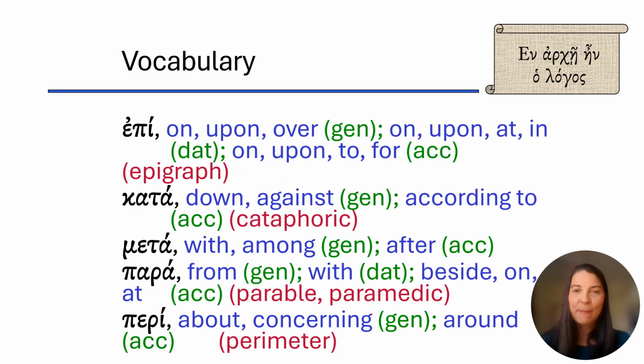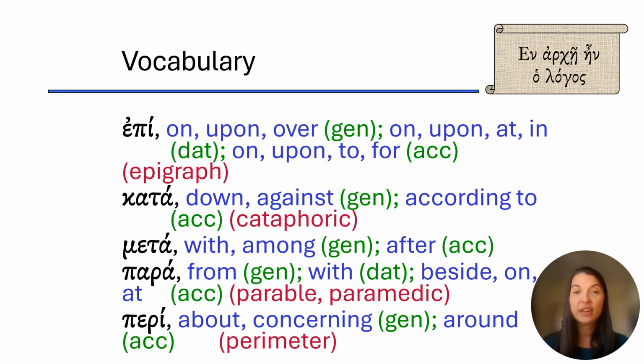So the next one, epi. Epi could mean on in the genitive, dative, or accusative. Sometimes I just remember on as a starting point and work through some of the translations depending on whether it's in the genitive, dative, or accusative, to see which one works best with the context of the sentence.